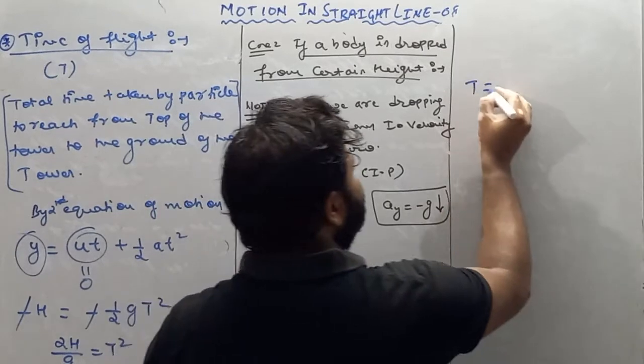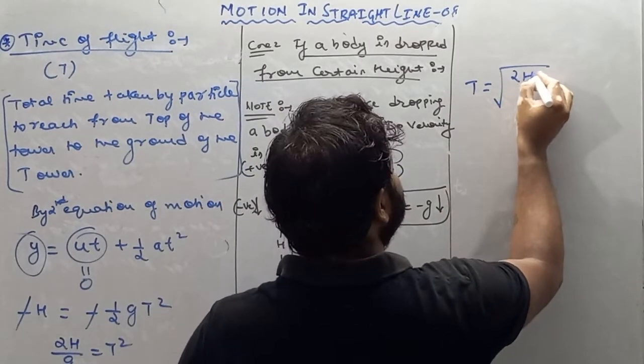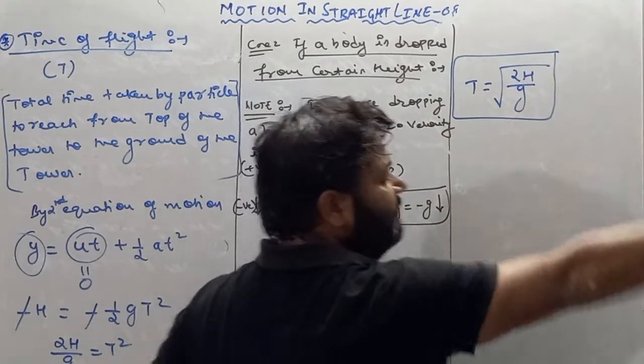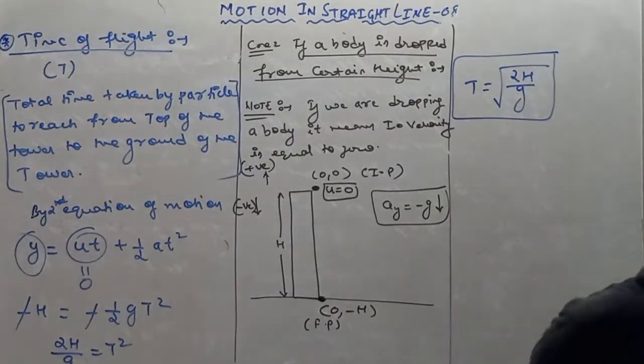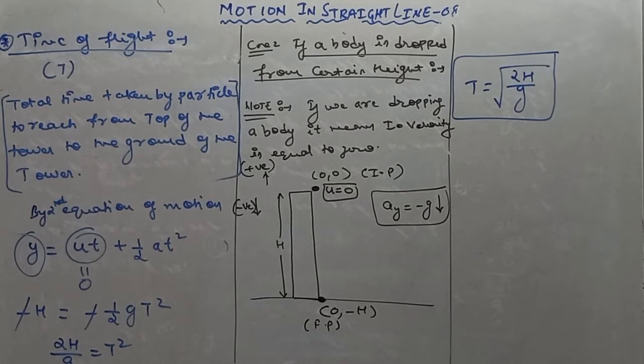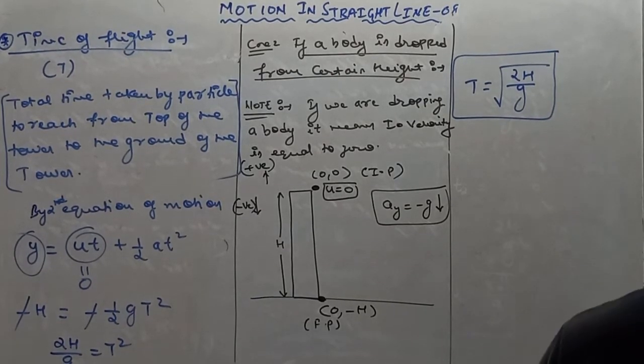So t must be equal to the square root of 2h by g. This is the value of time of flight, the time taken by the particle to reach from the top of the tower to the bottom of the tower. h is the height of the tower, or we can say vertical distance, because the y-axis is the vertical axis and the x-axis is the horizontal axis. So this is the first formula which we derived.